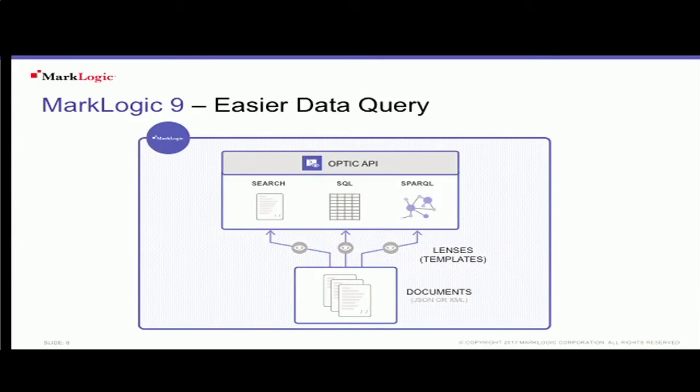Including SQL querying and SPARQL querying and then something else called the Optic API. But what I really want to focus on today is this thing called templates, which we're also calling lenses over the data, just as a way of describing what they do.